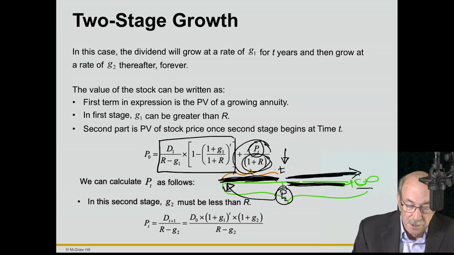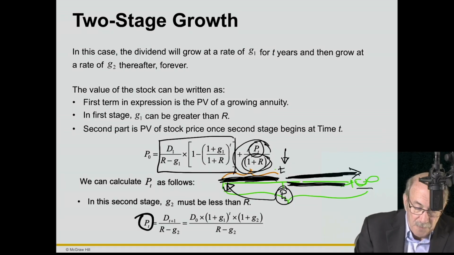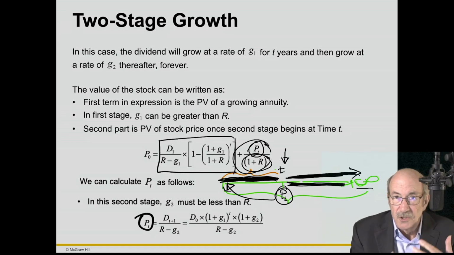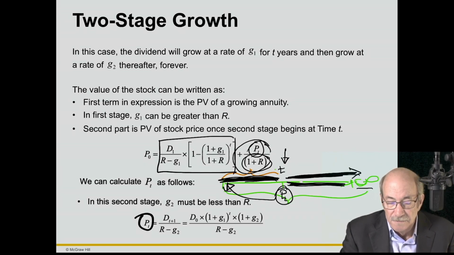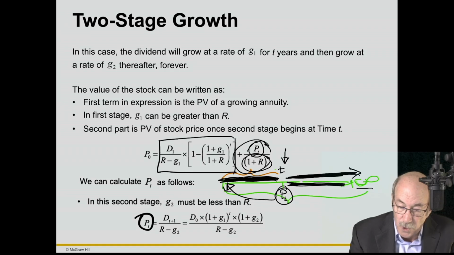Now, by the way, down here, what is that P sub t? Well, again, it's nothing more than the future dividends. So it would be dividend t plus 1. This next period out here is t plus 1, and the next one is t plus 2, and so on. So I'm looking for the dividend at t plus 1.